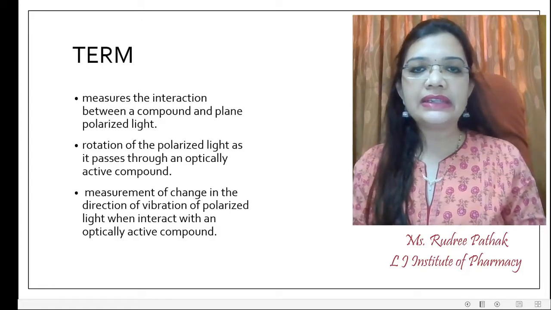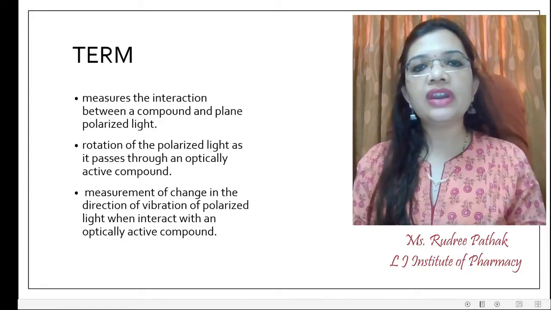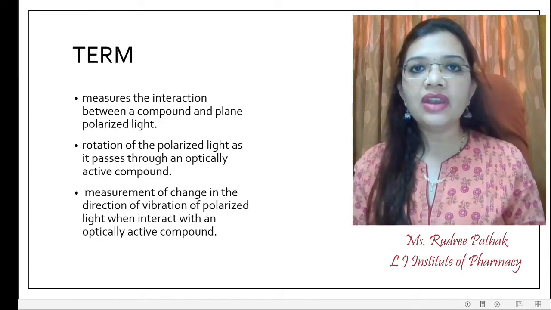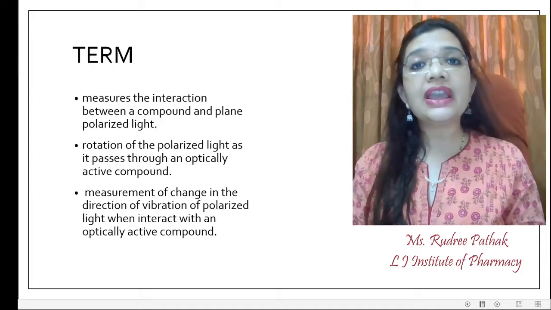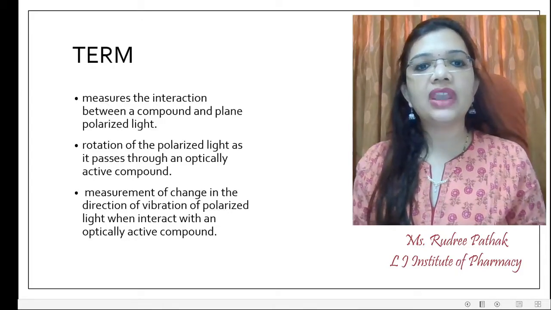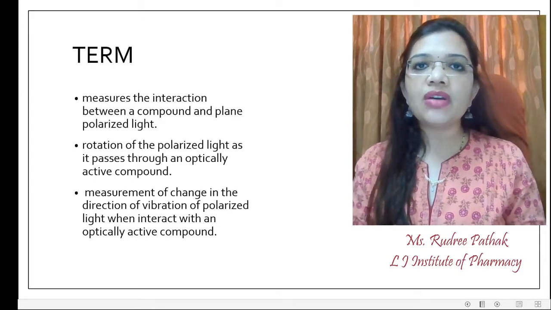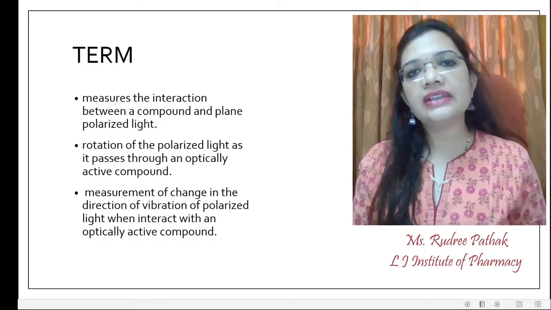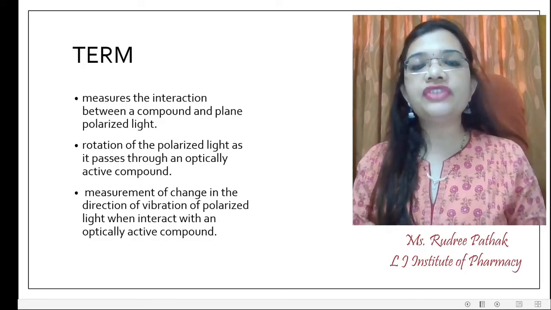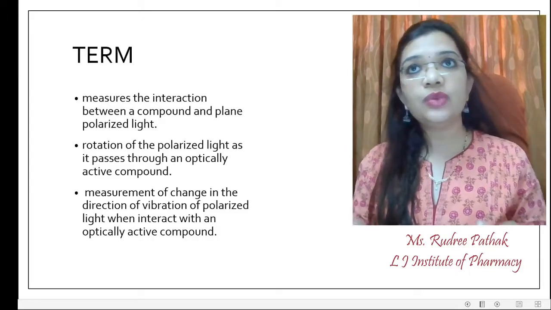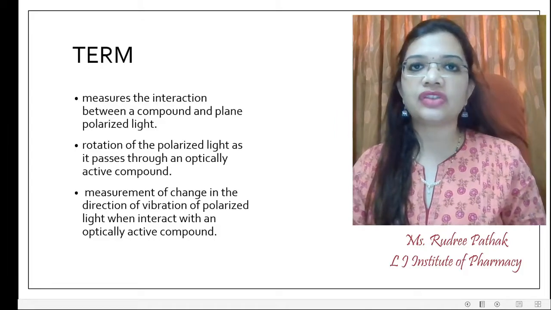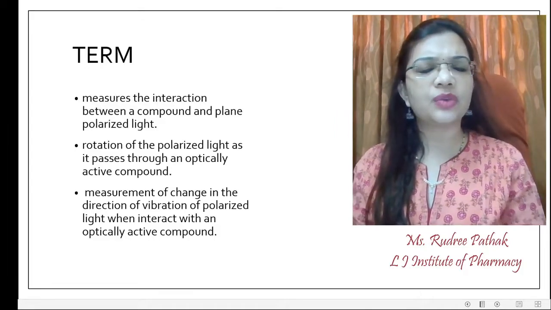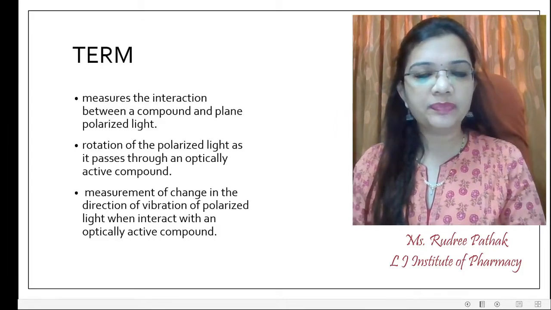We can also say it is how plane polarized light behaves when passing through a solution containing optically active drug materials. It is a measurement of the change in the polarization, or the change in the angle of rotation of the plane polarized light after it passes through an optically active compound.